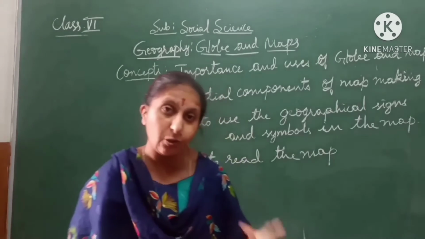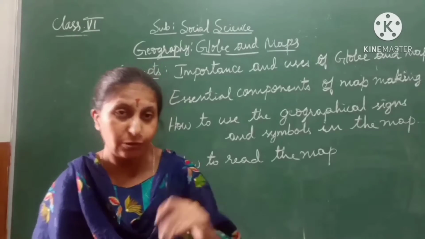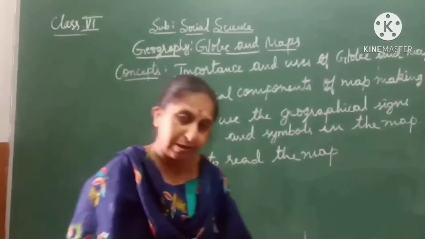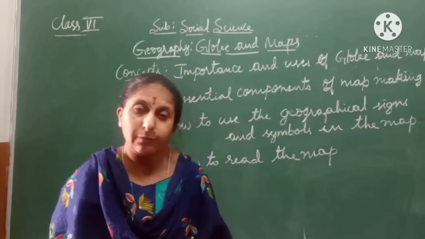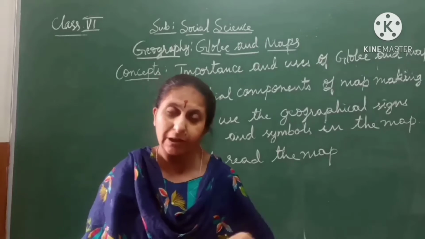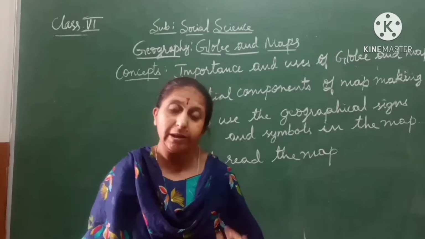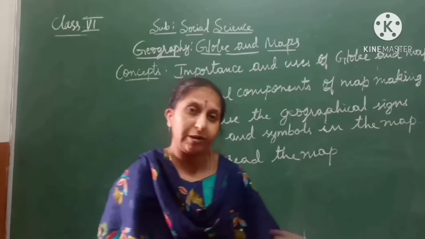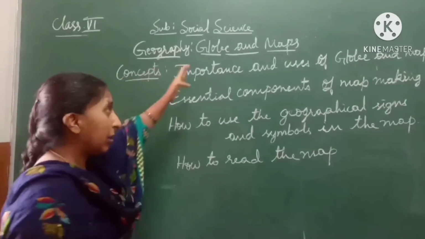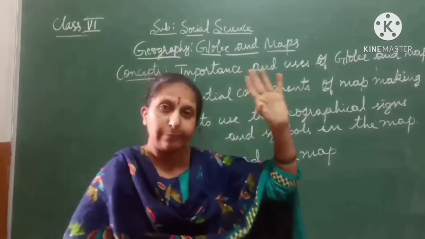How to read all those signs and symbols, that also you are going to learn. And how to read the map by using all these geographical symbols that are used in the map. How you have to read all these things, you are going to learn in this chapter, that is globe and maps.